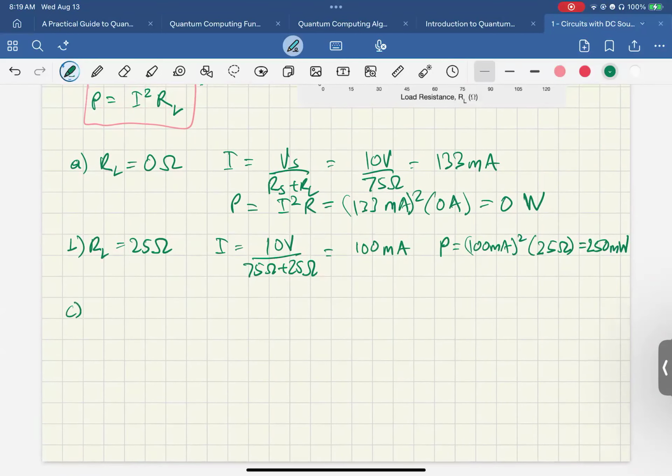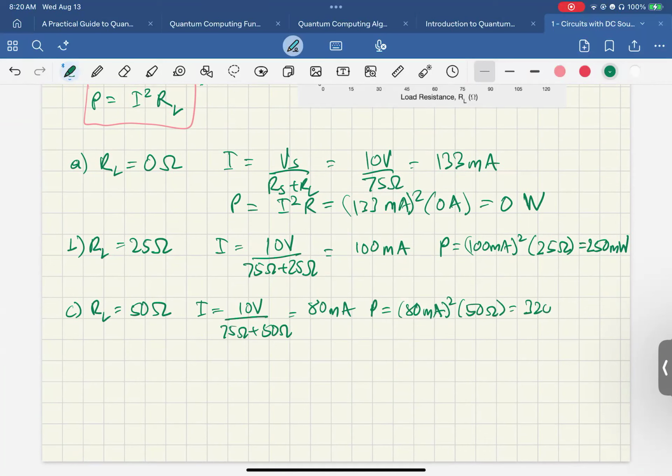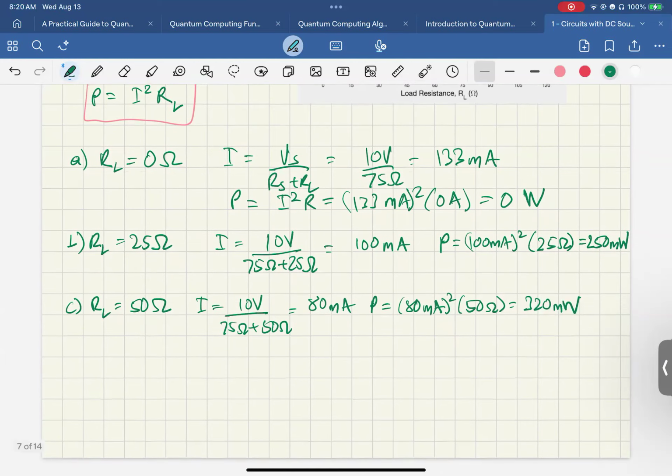Okay, so letter C, increase natin yung load ulit. Let's say 50 ohms. In this case, yung current is 10 volts divided by 75 ohms plus 50 ohms, equal ngayon to 80 milliamperes. And yung power dito ay 80 milliamperes squared times 50 ohms, so equal to some 320 milliwatts.